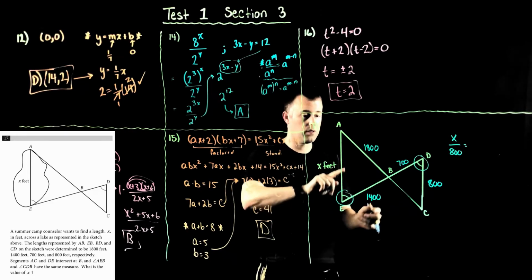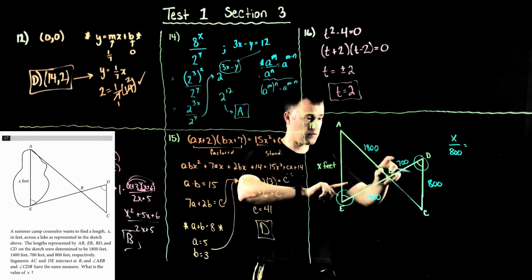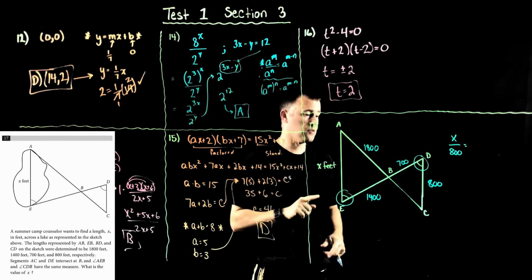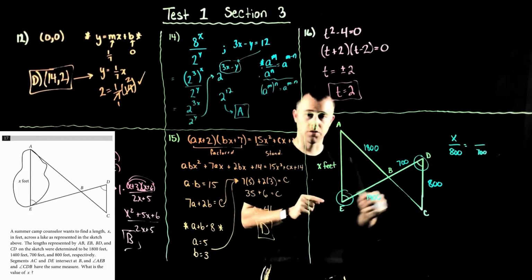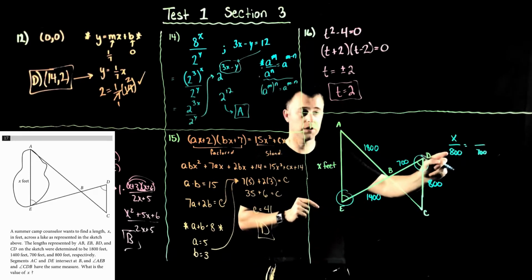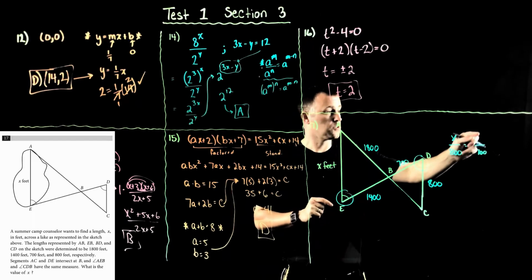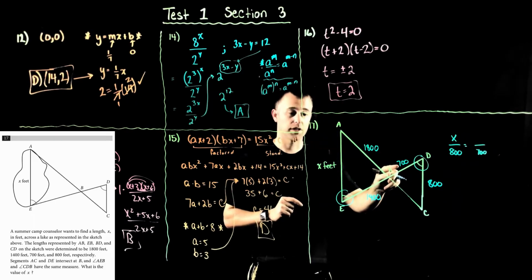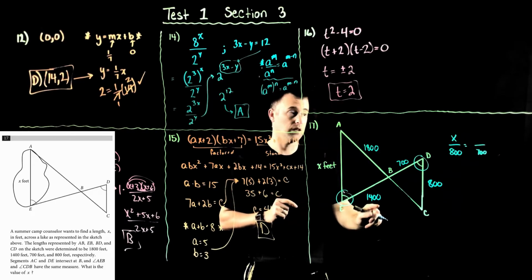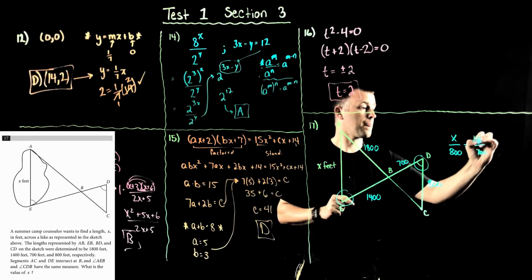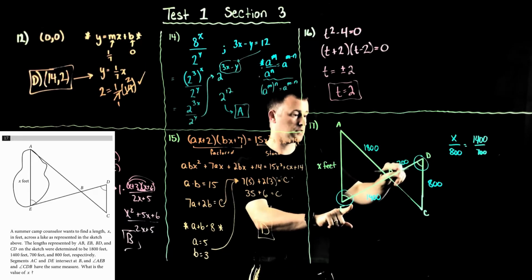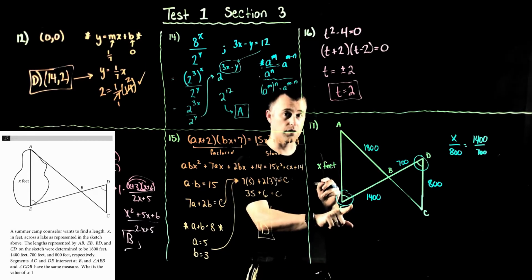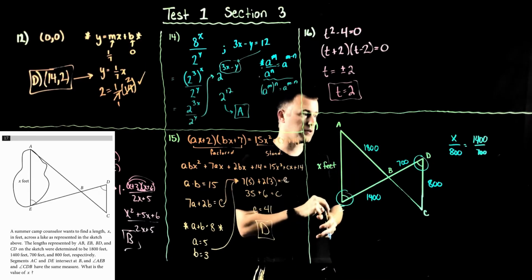So if I want to use a 700 for my small side, I'm going to put that 700 here because, with the smaller triangle, I'm going big over little equals big over little. So the big side that corresponds to that 700 is actually the 1,400. Again, because notice that's the side next to this congruent angle, just like the 700's next to that congruent angle. So those are your corresponding sides.